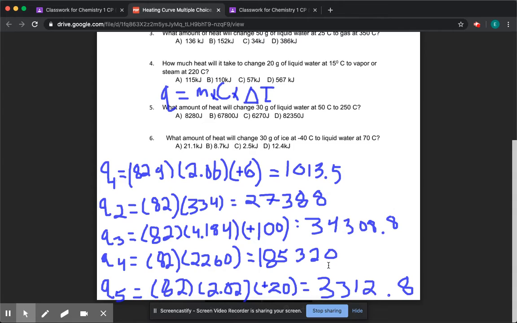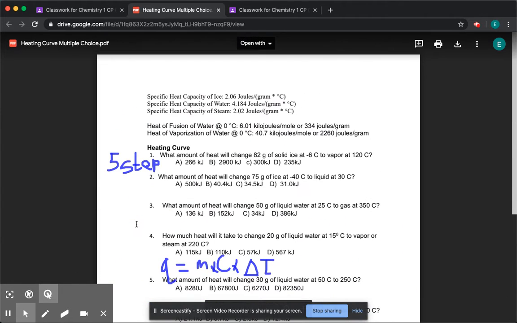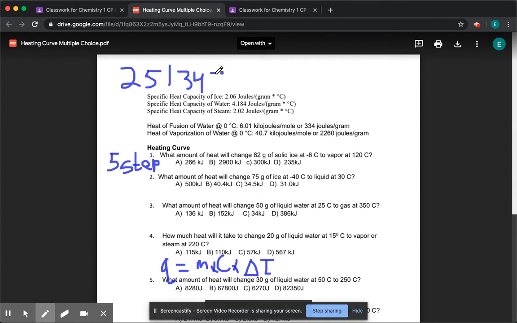Now what you want to do now is you want to add all these numbers up, okay? Which I will do right now. 27,388, 34,308.8, 185,320 plus this. Okay, and we get a total of 251,343.1.